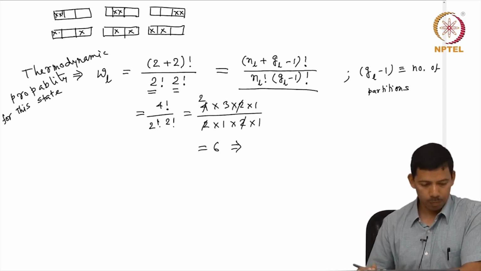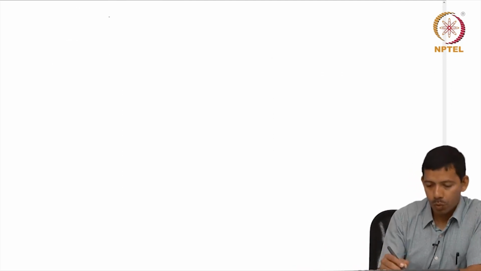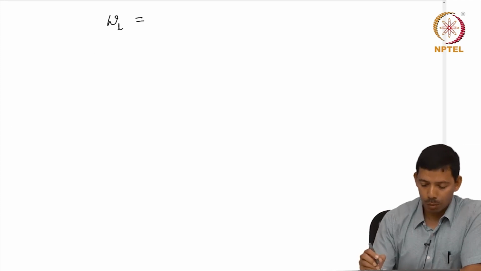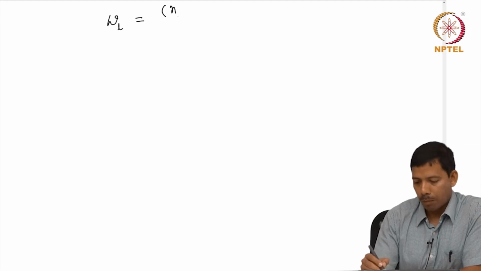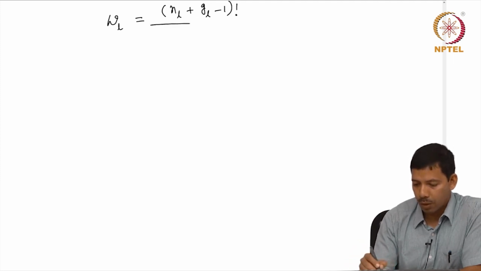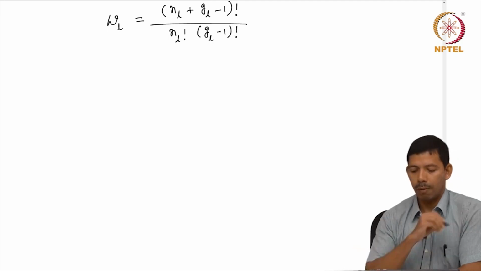Okay, now let's simplify this expression of WL. So we got WL, thermodynamic probability for a particular energy state, but in terms of the energy levels is (NL plus GL minus 1) factorial divided by NL factorial and (GL minus 1) factorial.